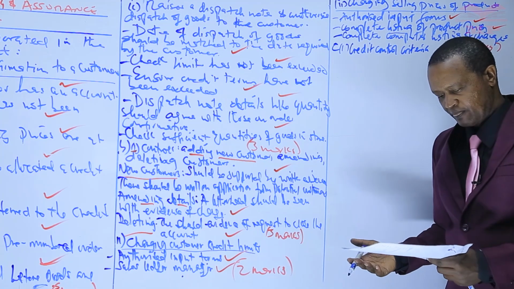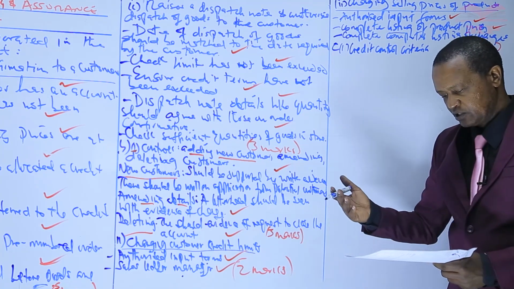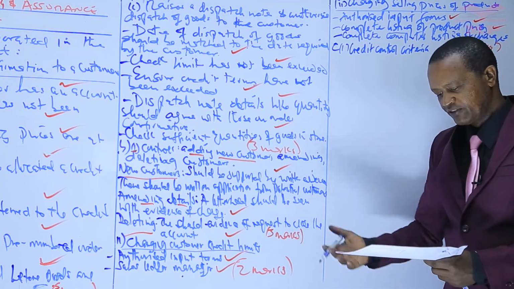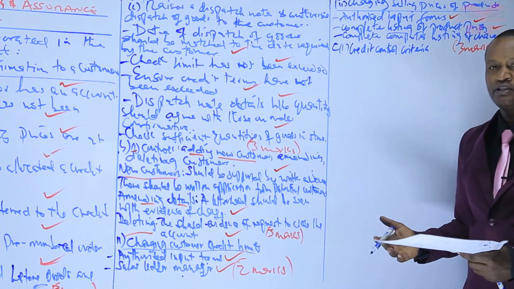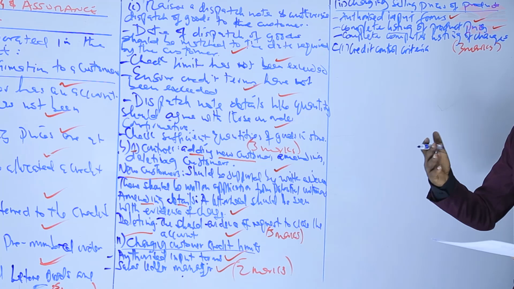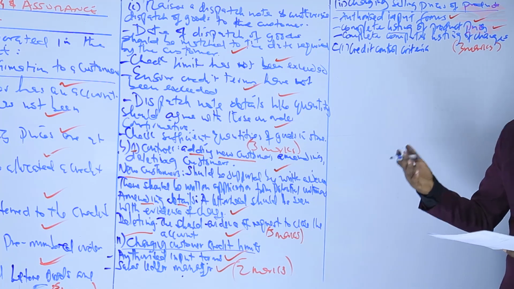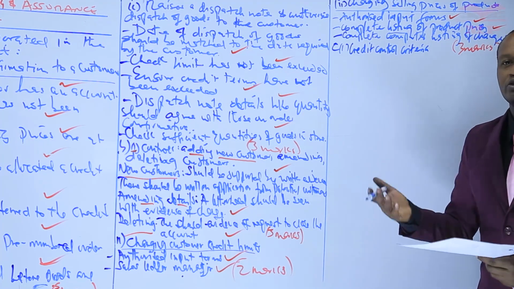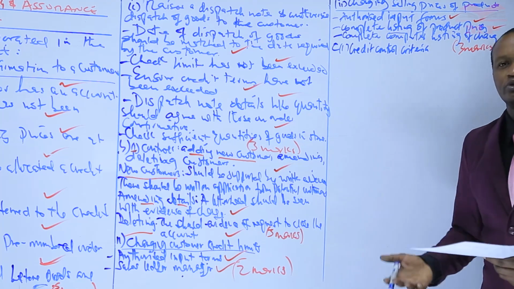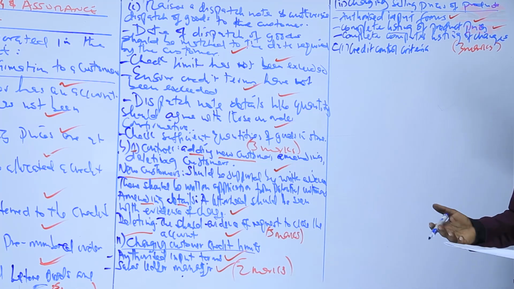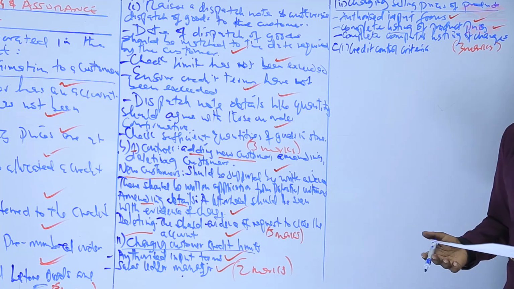Do you understand the question? The examiner is asking here for the description of the credit control criteria that the automated sales accounting system should use to decide whether to prevent dispatches to customers.